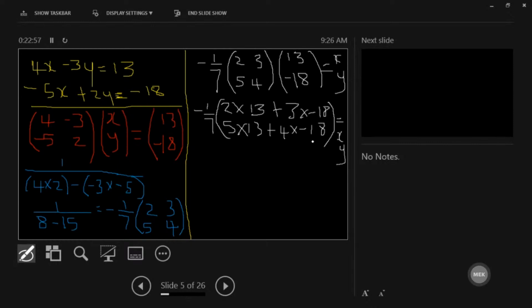All right. So it's negative 1 over 7. 2 times 13 is 26. 3 times negative 18, that's negative 54. 5 times 13, that's 65. 4 times negative 18, that's negative 72.